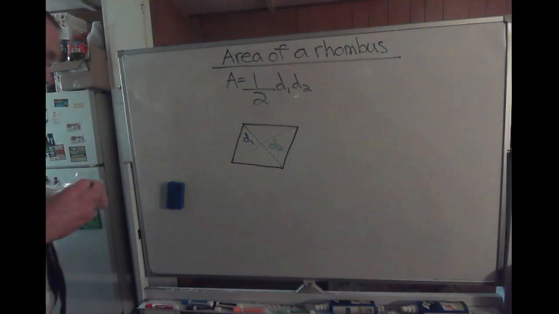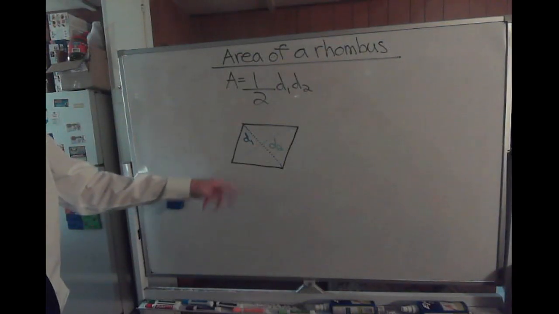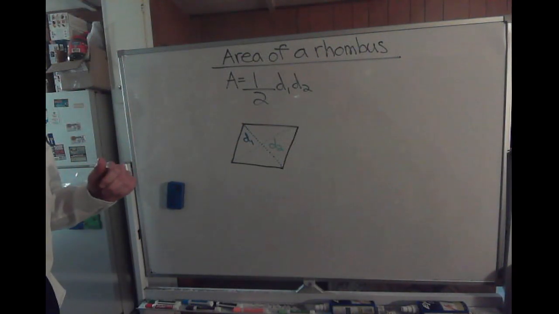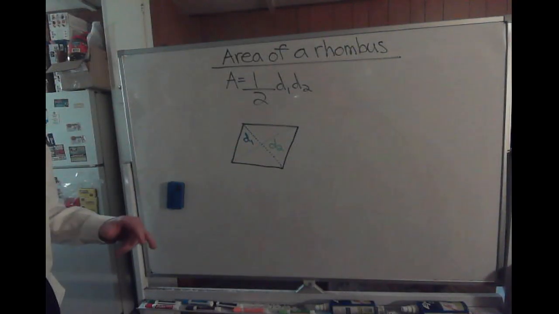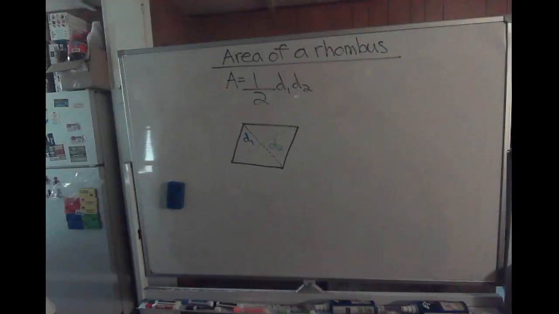Alright, so a rhombus, of course, if you remember, is an equilateral parallelogram that may or may not have right angles. A general rhombus has obtuse and acute angles, where a square is a special type of rhombus that has all right angles.